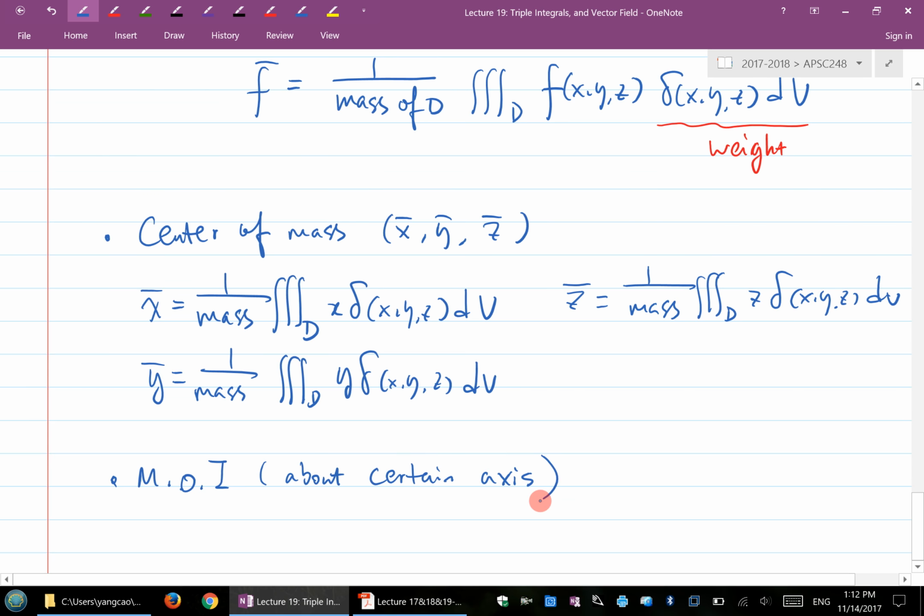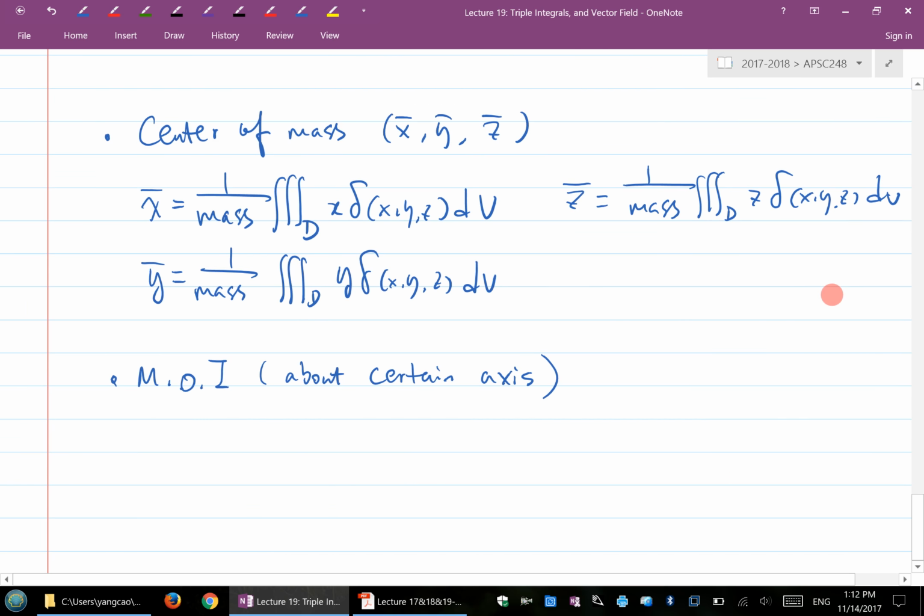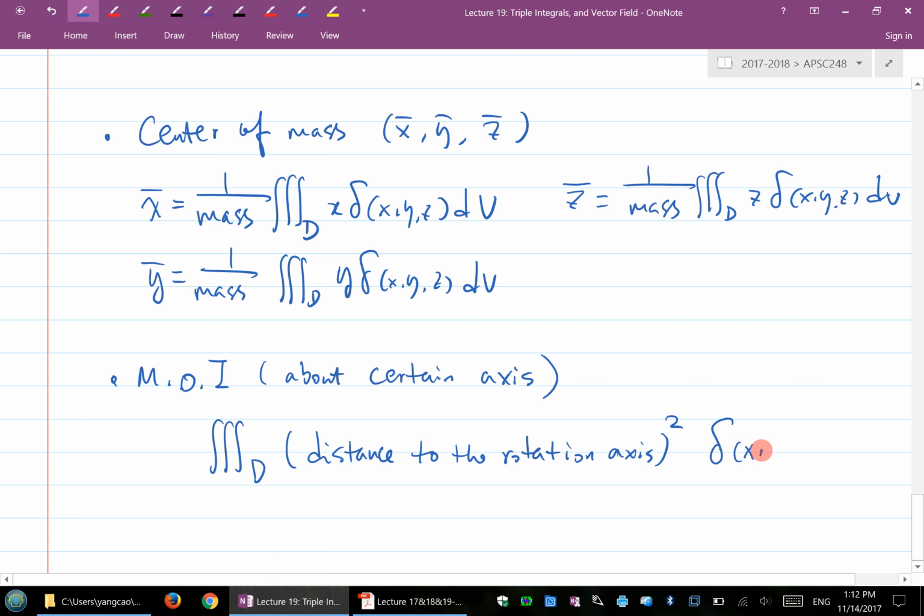The general formula for moment of inertia is this: it is the distance to the rotation axis squared, times the density function delta, and dV. So this is the general formula.